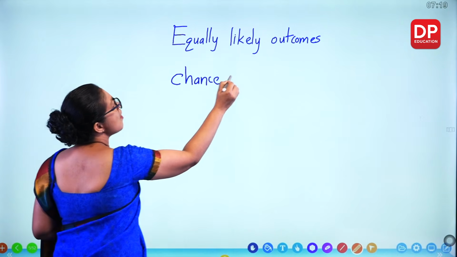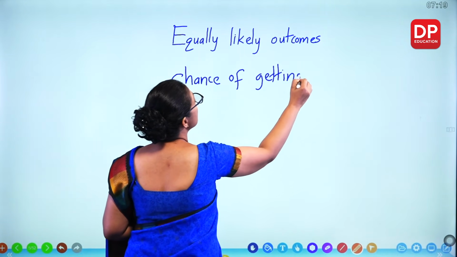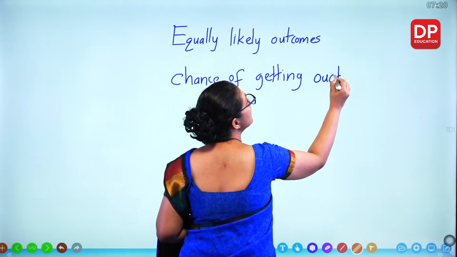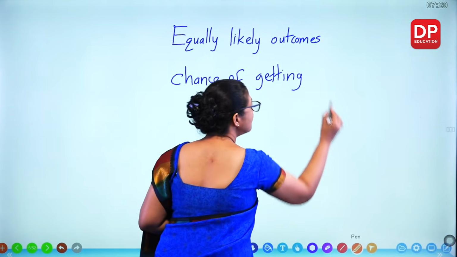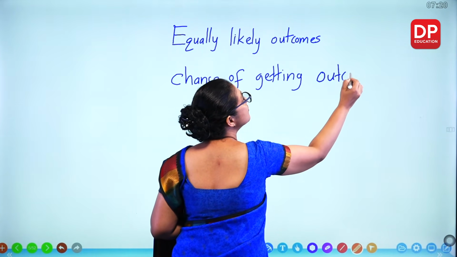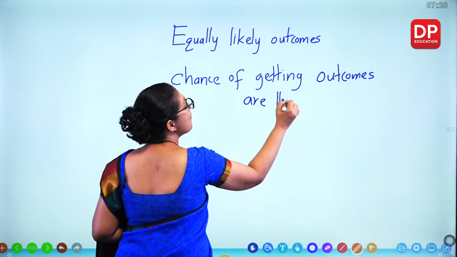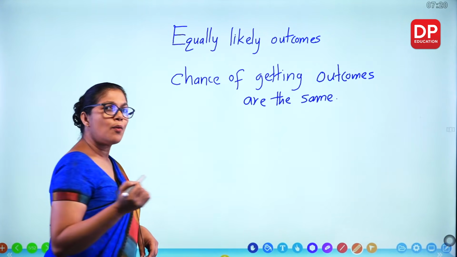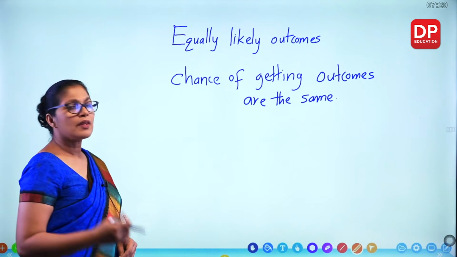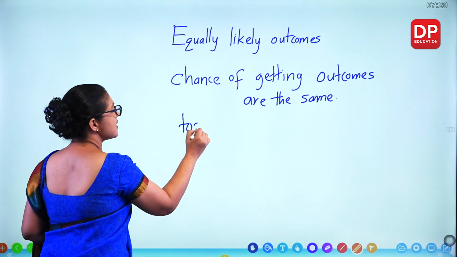Chances of getting outcomes are the same. Now we'll take tossing an unbiased coin.